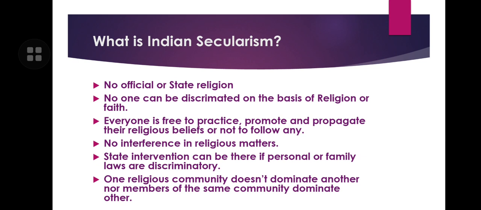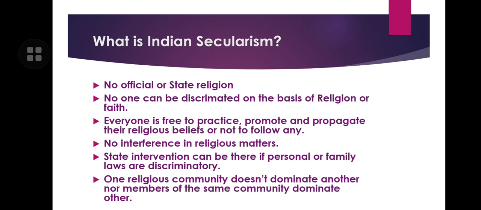The state has to intervene in all such matters wherever the family laws are discriminatory, especially against the women. And certain laws can be even against the children, and there can be such practices which are discriminatory against people belonging to the so-called low classes, the untouchability, right?